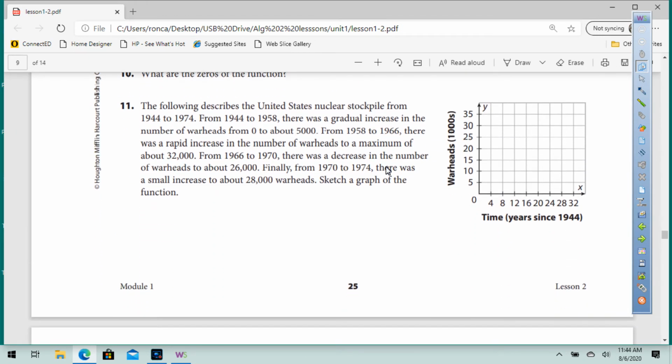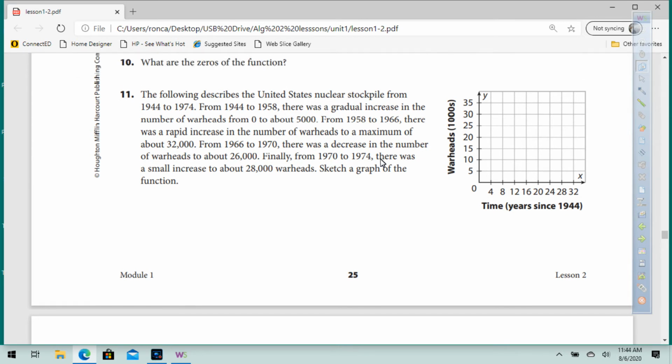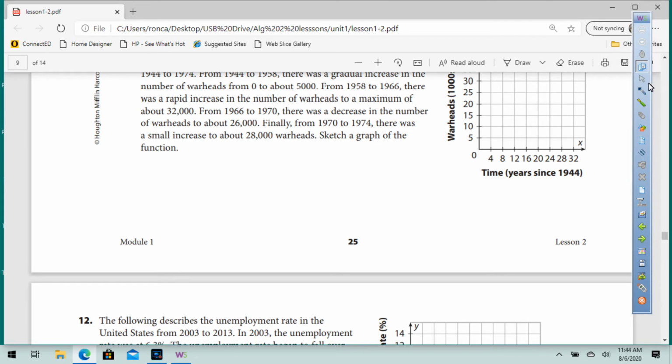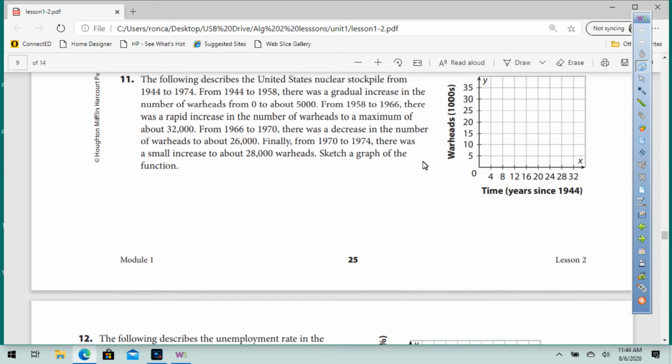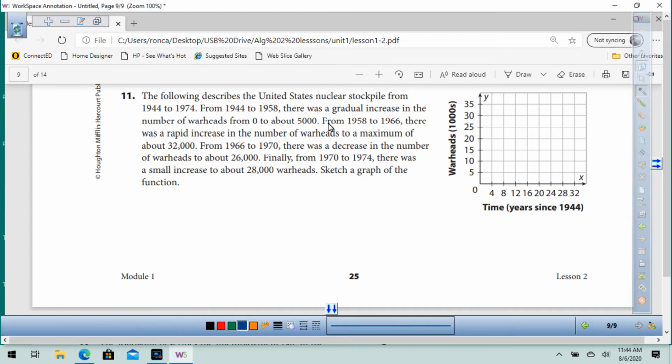The following describes the United States nuclear stockpile from 1944 to 1976. Okay, from 1944 to 1958, there was a gradual increase in the number of warheads from 0 to about 5,000.